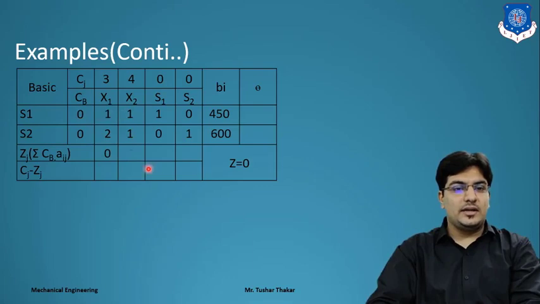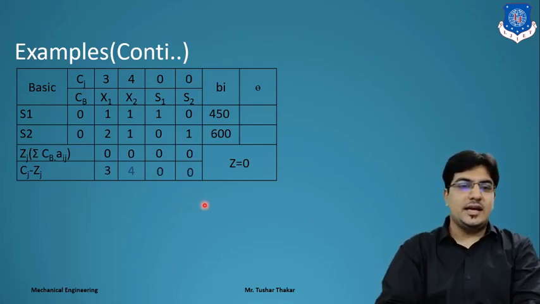Same thing for the others, 0. Why 0? All the coefficients of the basic variables are 0, so the summation is 0. Now cj minus zj: the value of cj, the coefficient of the objective function, minus the value of zj. 3 minus 0 is 3, 4 minus 0 is 4, 0 minus 0 and 0 minus 0.